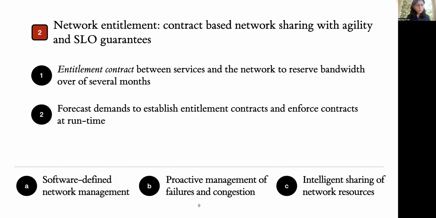The authors propose bandwidth forecasting mechanisms to establish these entitlement contracts and enforce them at runtime. This work builds on ideas B and C by proactively managing the possibility of congestion due to misbehaving services using an unfair share of network bandwidth.